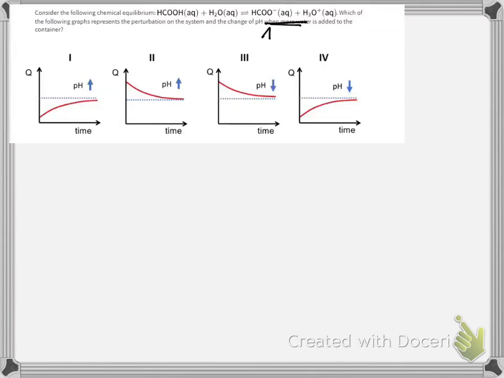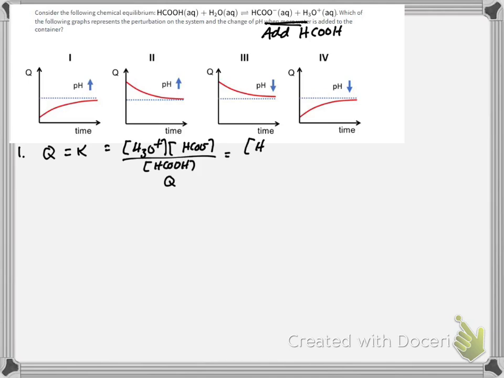Okay, now let's look at adding a reactant. So we did the product first. So again, same steps, Q equals K. It sounds redundant if you've watched the other two problems, but it really is the first step. We say we're at equilibrium, and now by adding a reactant, we have changed it, right?